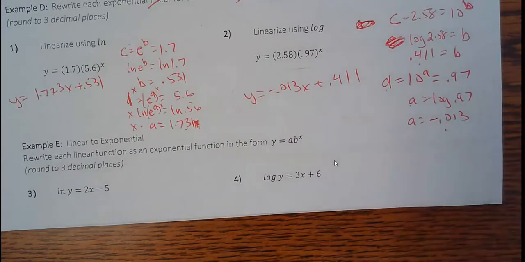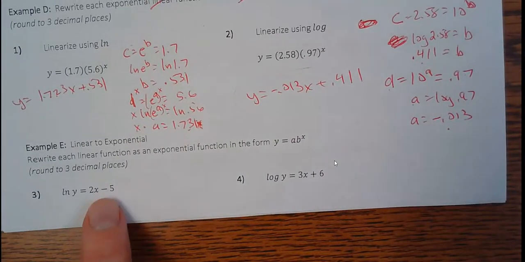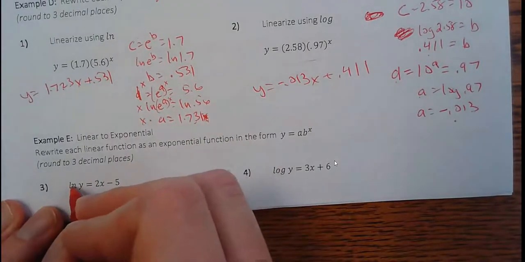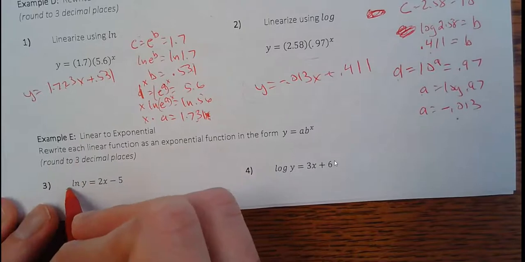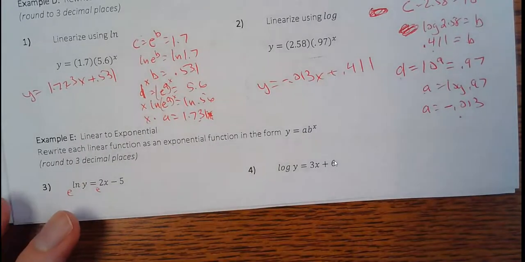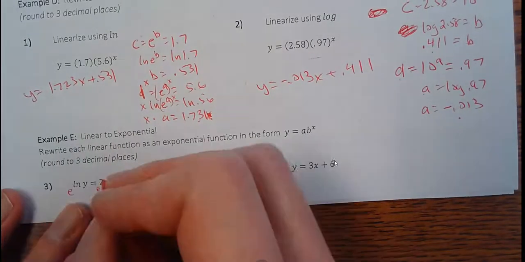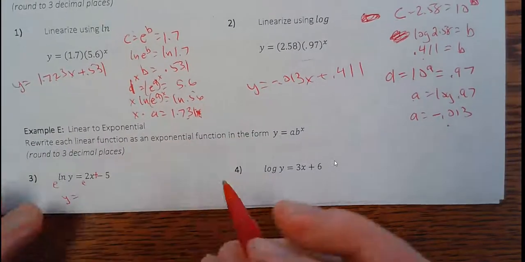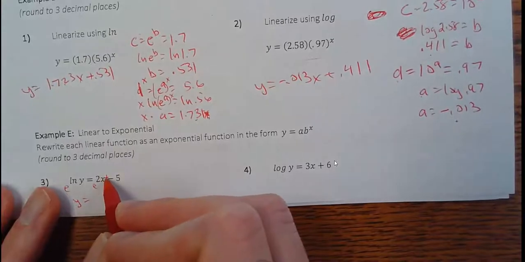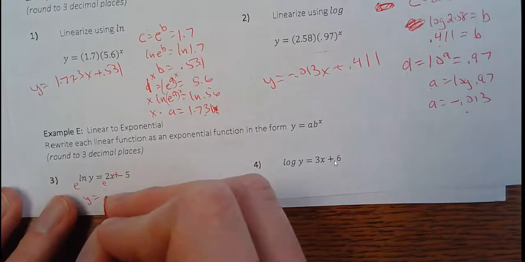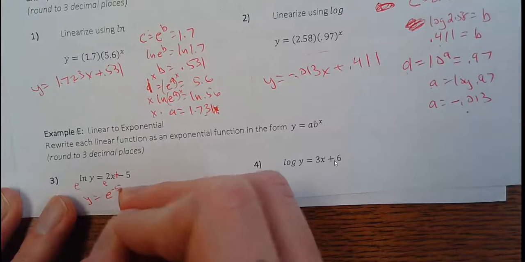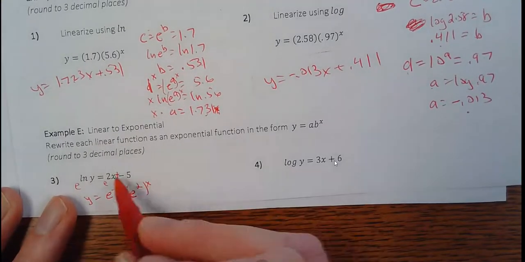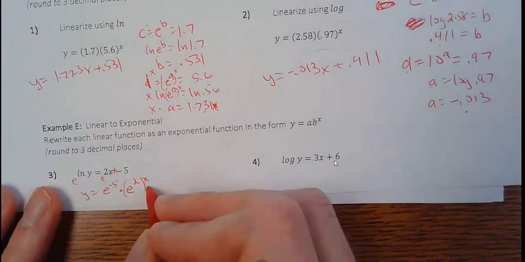And then down here for e, this is more practice of what we did on the front. So I'm going to try to go very quickly here. I want to get y by itself, so I'm going to take e to both sides. Again, think of this as a plus negative, so it's going to be y equals, and remember, if you're adding the exponents, you're multiplying the bases, so it'd be e to the negative fifth times e to the 2, and then think of that as being raised to the x power because it's 2 times x.